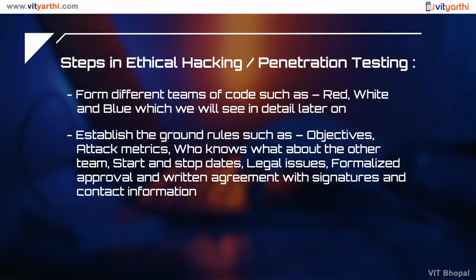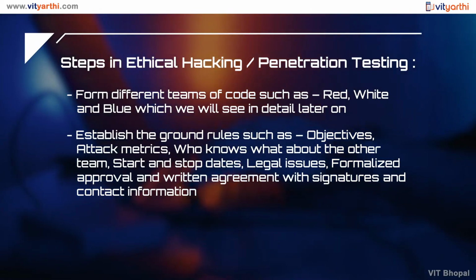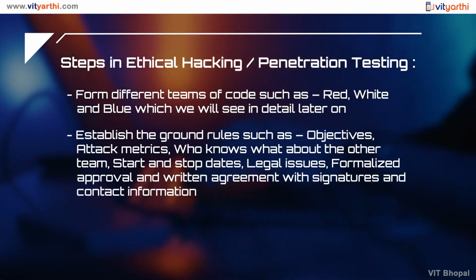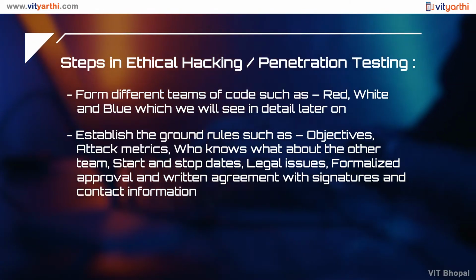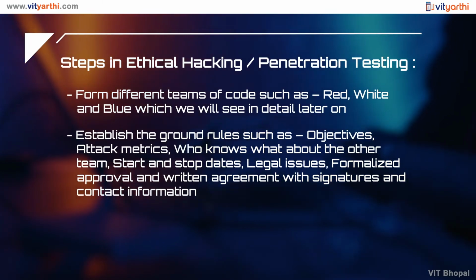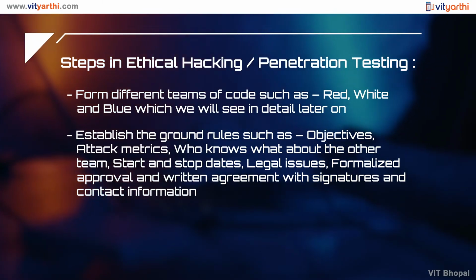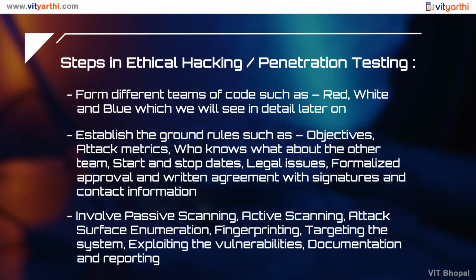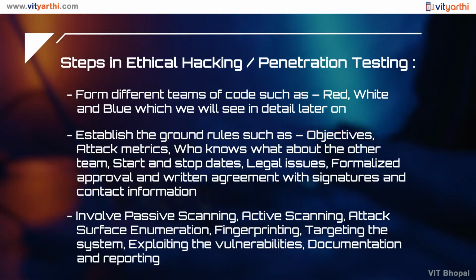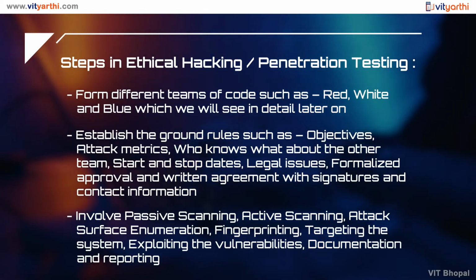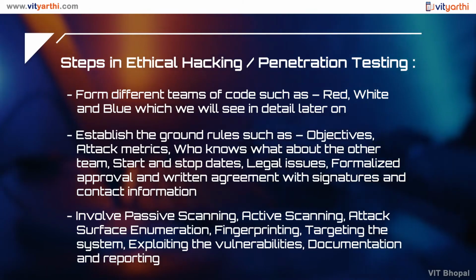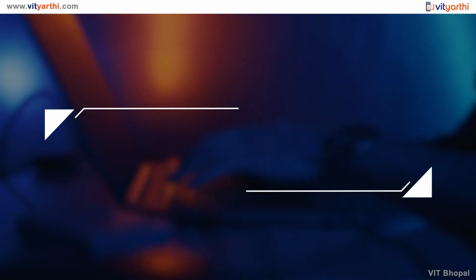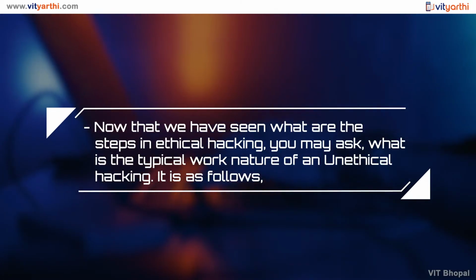Second, they establish the ground rules such as objectives, attack matrices, who knows what about the other team, start and stop dates, legal issues, formalized approval, and written agreement with signatures and contact information. And lastly, it involves passive scanning, active scanning, attack surface enumeration, fingerprinting, targeting the system, exploiting the vulnerabilities, documenting them, and also reporting the same. We will see more about these in the later chapters.